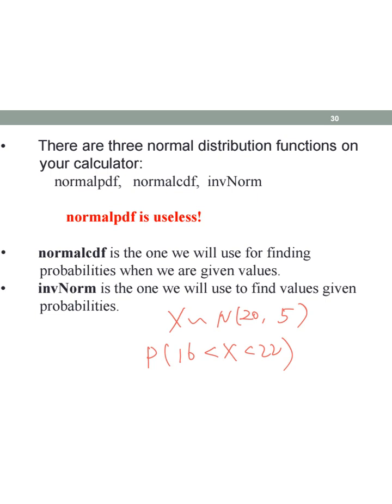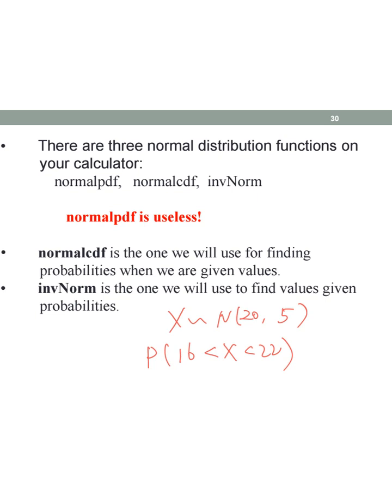Once you press enter, you can see my calculator gave me this output: lower, upper, mean, and standard deviation. Lower is the value for your lower bound. I'm looking for the probability for x between 16 and 22. So 16 is your lower bound for x, the minimal value for your x.